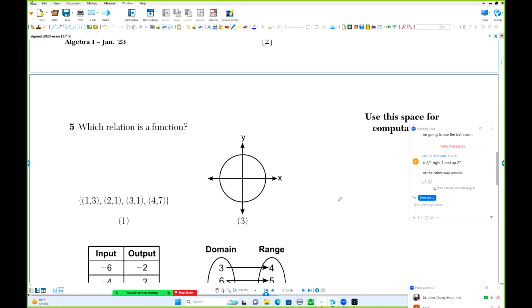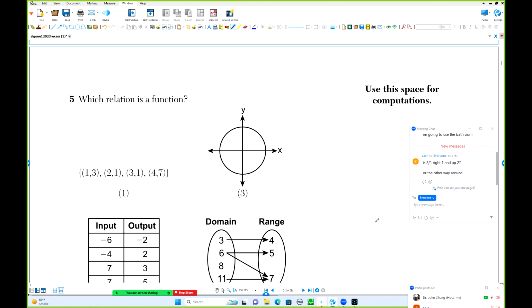Number 5. Which relation is a function? What are functions? One x value has only one unique y value. If you have two y values, that is not a function. That's impossible. The system is wrong.